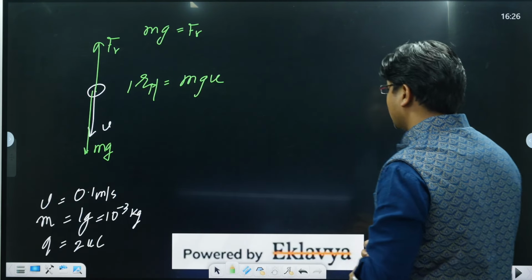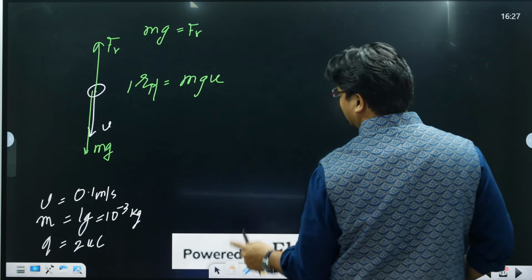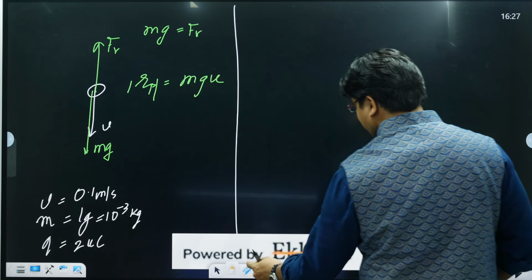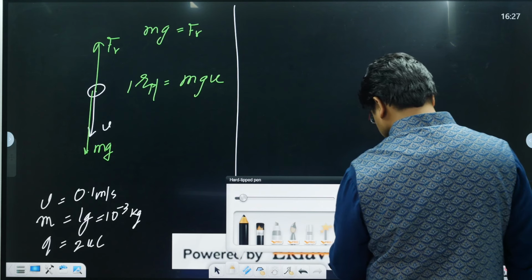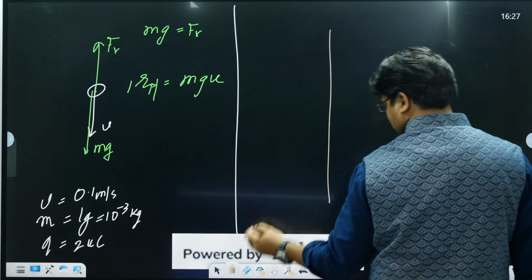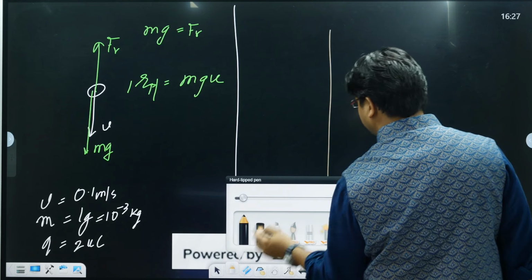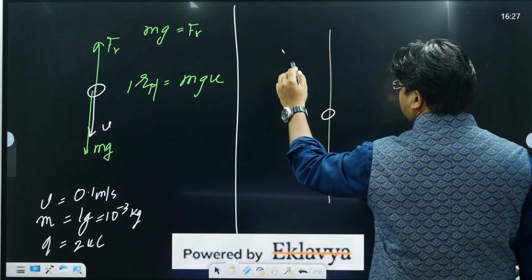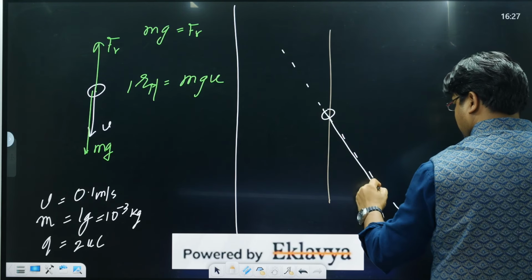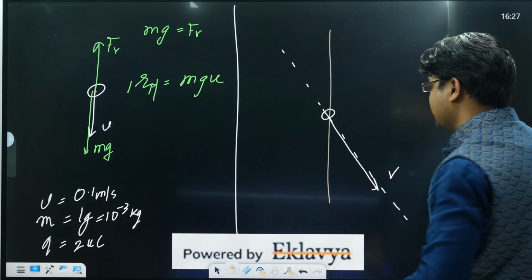So what I should do is this. I don't know in which direction the particle is falling. Maybe it's falling by making an angle with the vertical. So maybe this is the vertical direction and possibly the particle is traveling like this, and this is the new terminal speed, let's call it v.